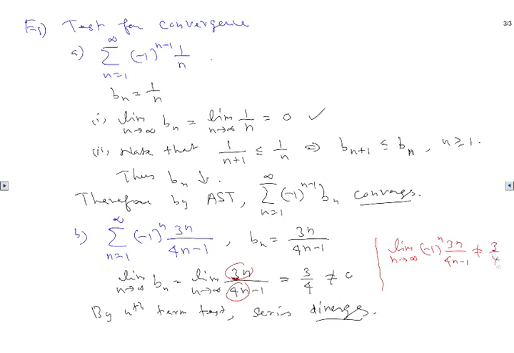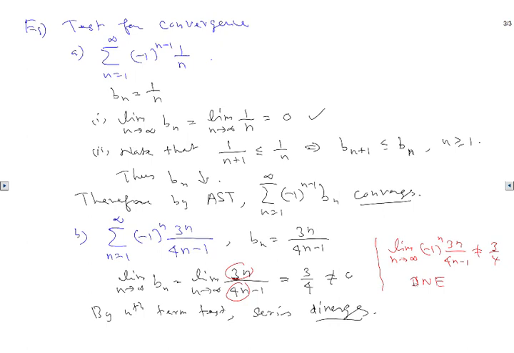The number goes to 3/4, but there's a sign change, so it fluctuates between the two. So the limit does not exist. There's a slight difference between the two. The nth term test has two versions. One version is you directly take the limit, and you can see that the limit does not exist, so from that you can't say it converges or diverges.